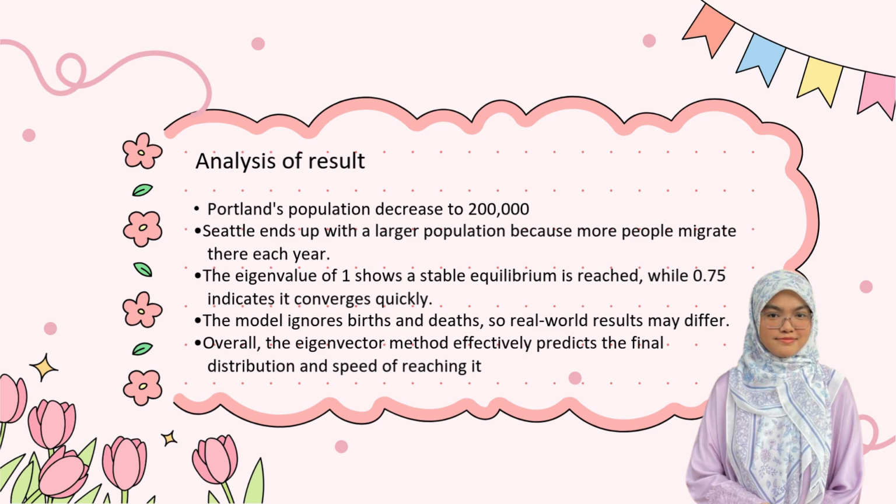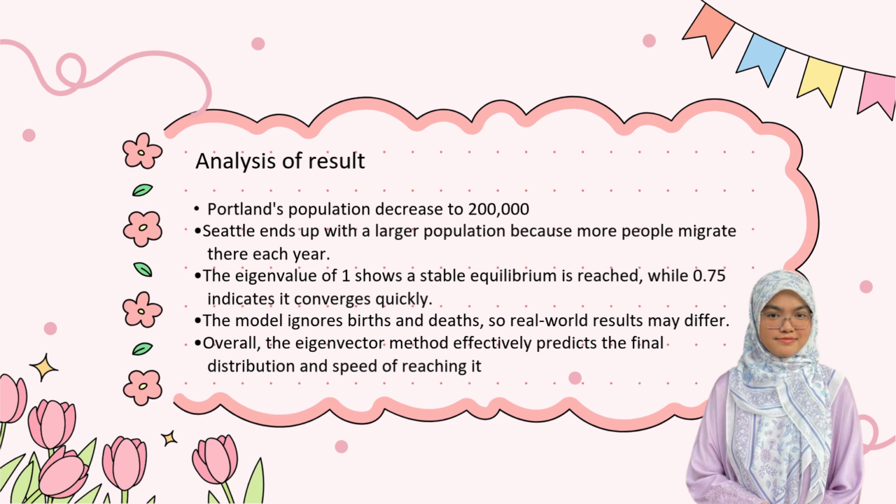This leads to a final distribution where Seattle has a much larger share of the total population. The eigenvalue of 1 indicates that the system will eventually reach a stable equilibrium where the population distribution does not change over time, while the second eigenvalue of 0.75 shows that the system will converge towards this equilibrium fairly quickly without any oscillations.